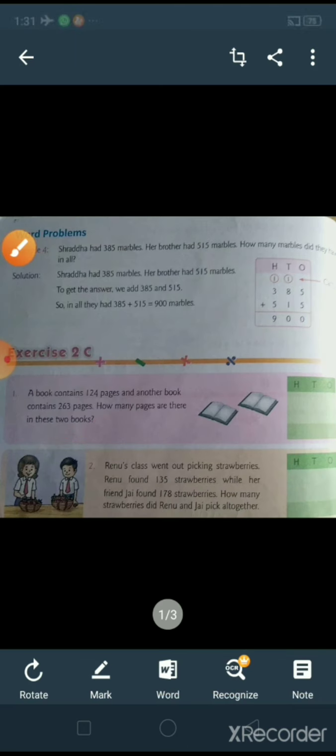So there are 124 plus 263 equal to 387 pages in these two books. In this way you have to solve the other questions given in exercise 2C.